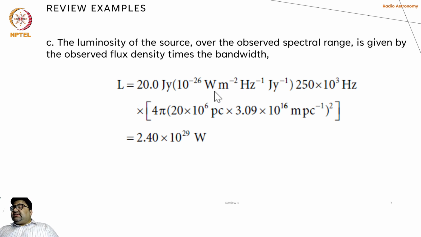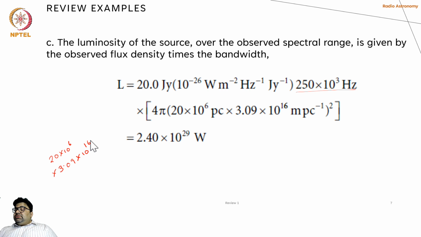So we express the flux density multiplied by the bandwidth and the distance. Okay, so distance is, remember, 20 megaparsec. So 20 times 10 to the power 6 times parsec. So 1 parsec is 3.09 times 10 to the power 16 meters.